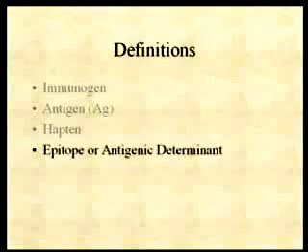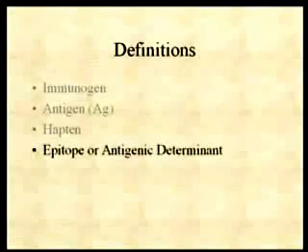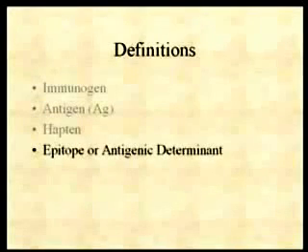So the epitopes or antigenic determinants are those discrete pieces of the antigen which induce the response and with which the products of the response react. So the antibodies produced after an antibody response will react with the epitopes. The epitopes induce the antibodies, and the antibodies react then with the epitopes. All right, and you'll see either of those terms used.